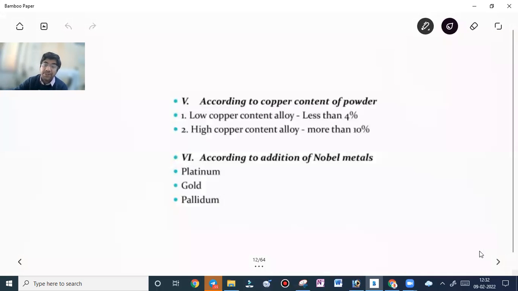You can get a question in the exam that low copper content means copper content of less than 4%.